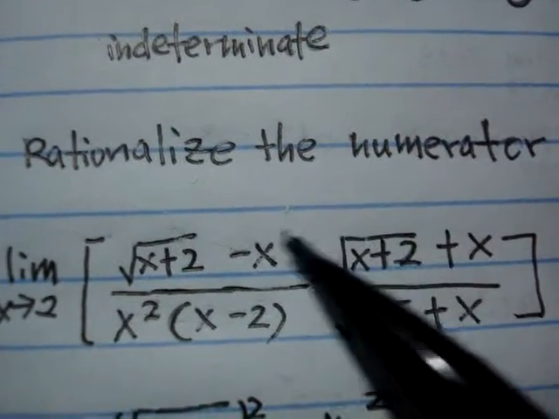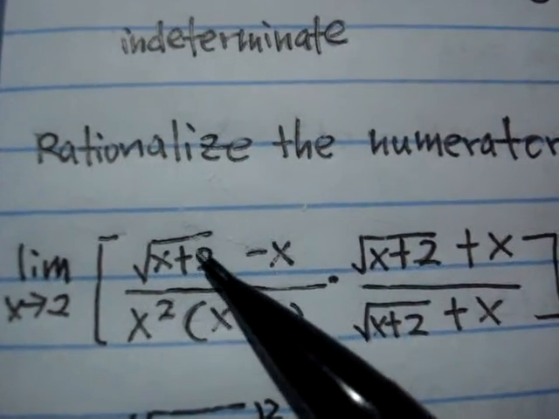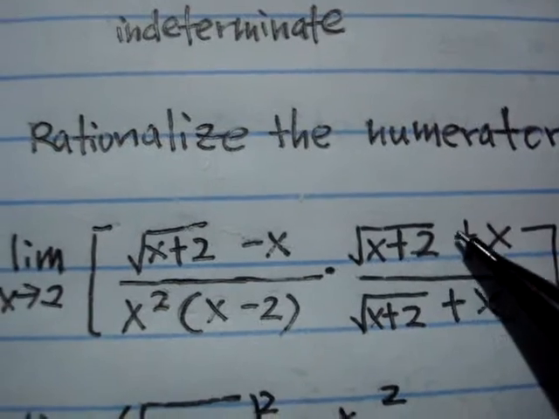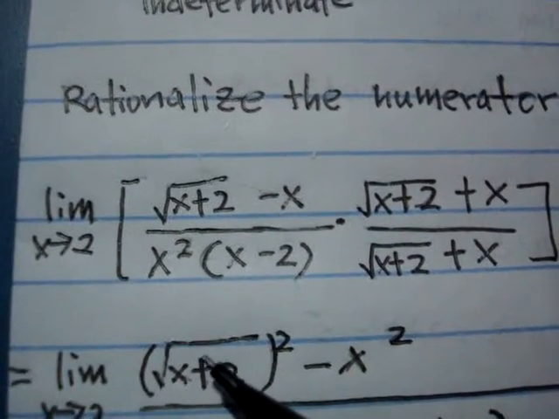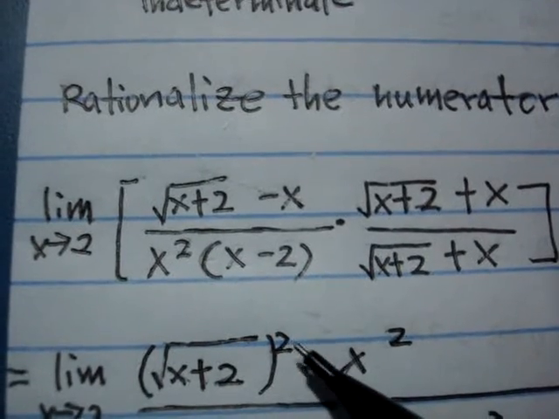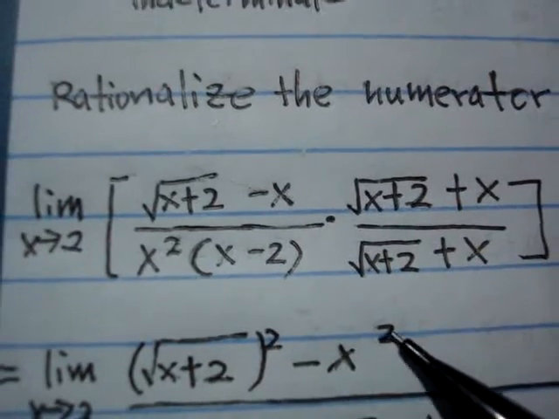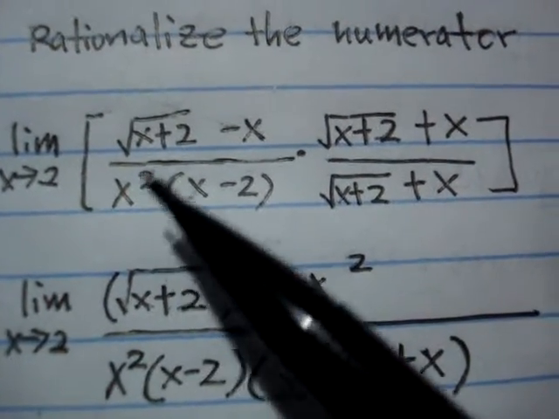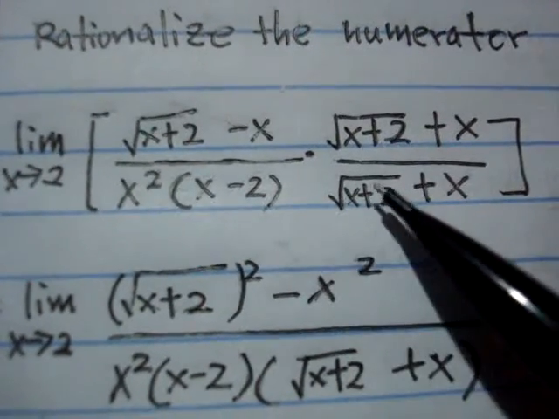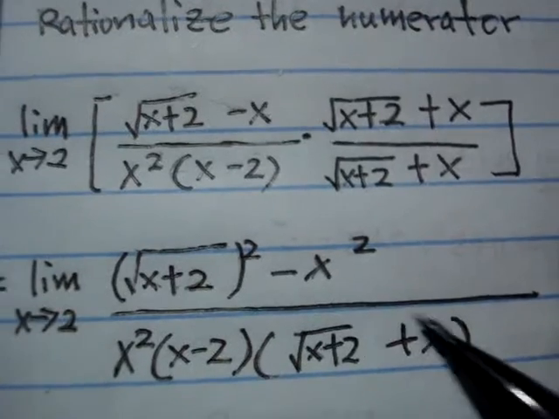Once you have this expression, you take this expression right here times this expression right here. So it will be radical x plus 2 raised to the second power minus x times x, which is x squared, divided by this expression times this expression. So you will get this.